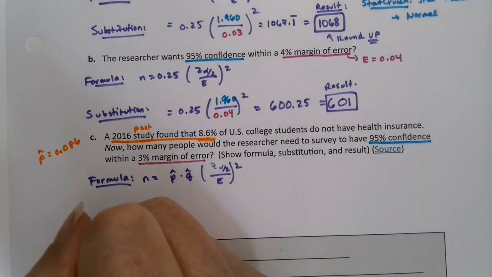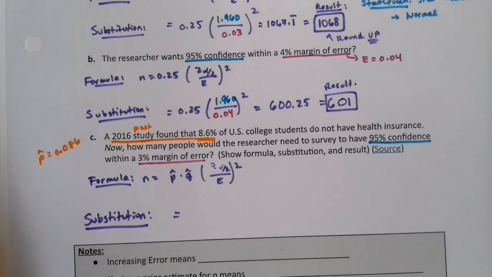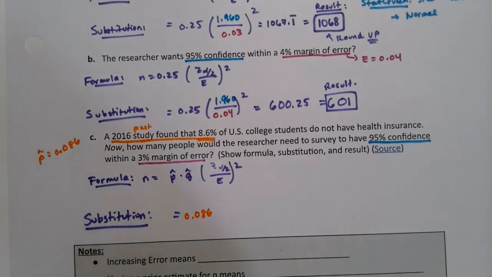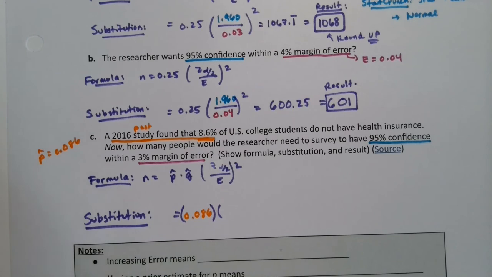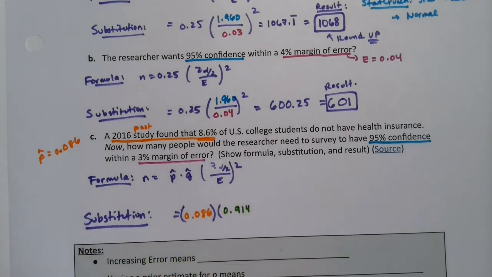Okay, so substitution. The p hat I know is 0.086, right? That's our p hat. My q hat is the complement of that, which is 0.914, because they have to add up to 100%.